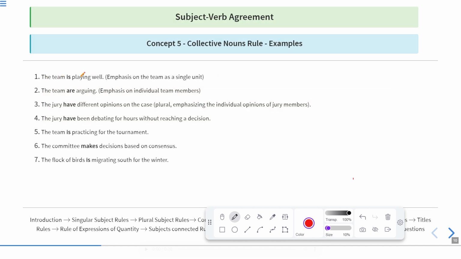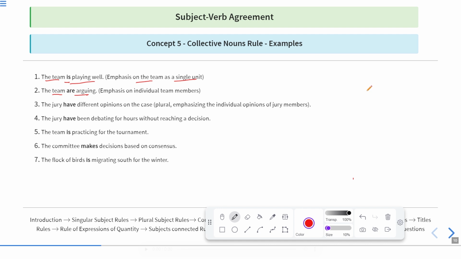Here, the first sentence: "The team is playing well." If I talk about the team, I'm talking about the entire team, that the entire team is playing well, with emphasis on the team as a single unit. But if I say "The team are arguing", obviously the team is not arguing with another team, but within itself.